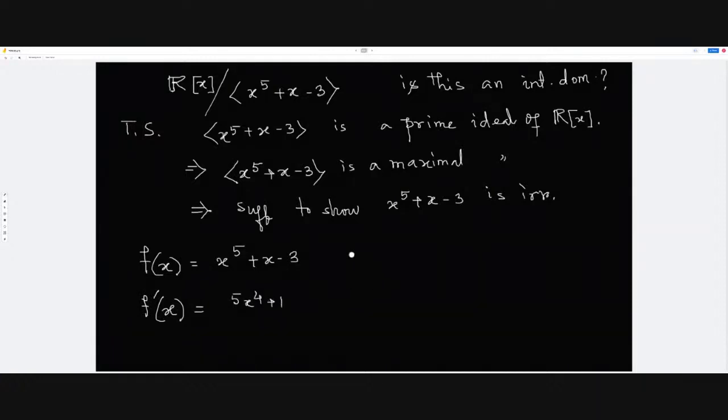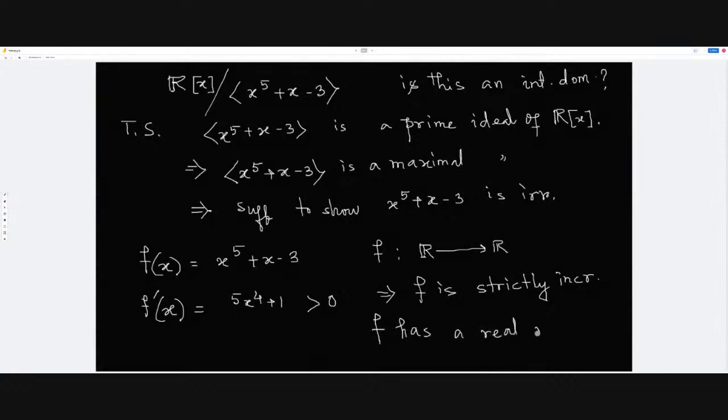As you can see, if you define your function from R to R, f prime of x is strictly greater than 0, which implies that f is strictly increasing, which in turn implies that f has a real root, let's say alpha.